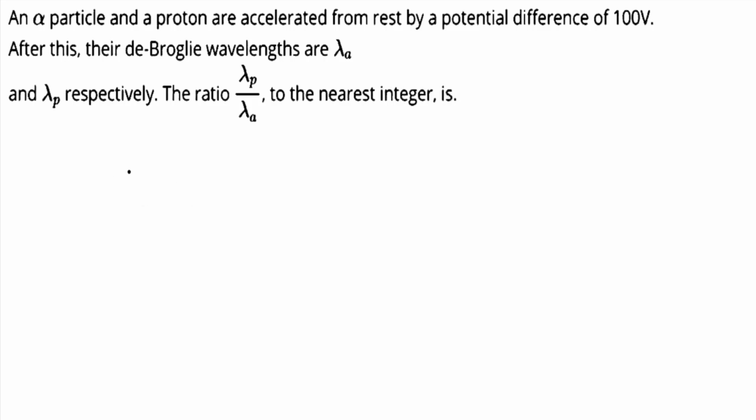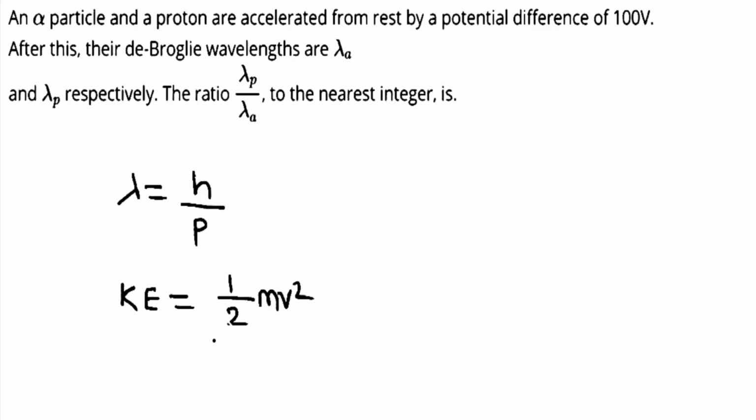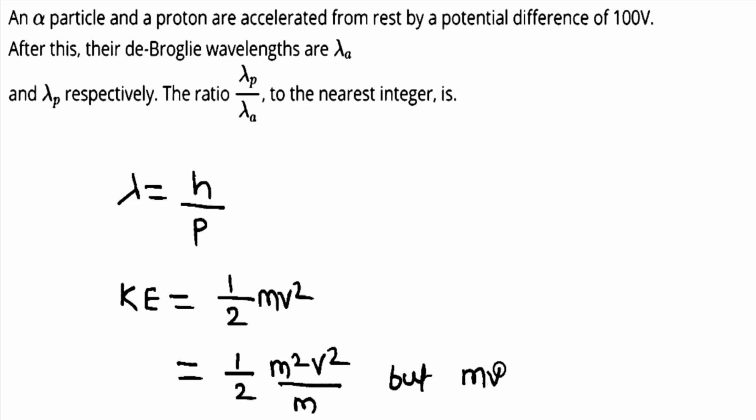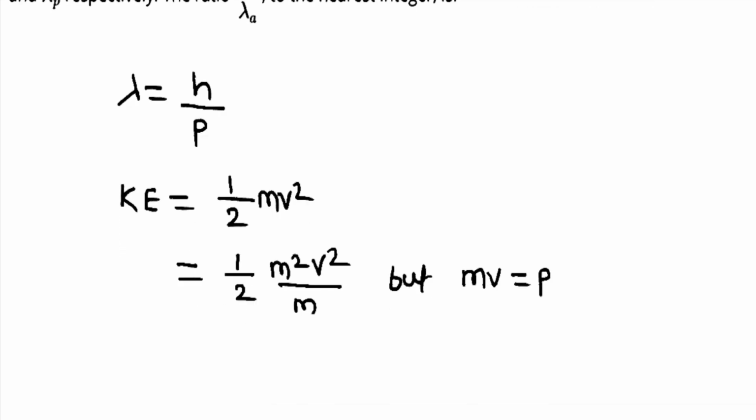We know that the de Broglie wavelength is calculated by the formula lambda equals h upon p, and the kinetic energy is calculated by the formula 1 by 2 mv square. Now multiplying numerator and denominator by m, it will be 1 by 2 m square v square divided by m. But mass into velocity is nothing but linear momentum, therefore m square v square is equal to p square.